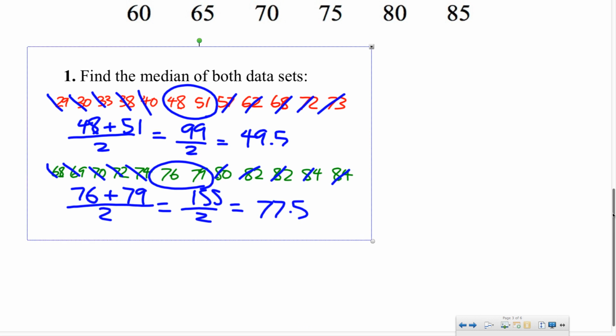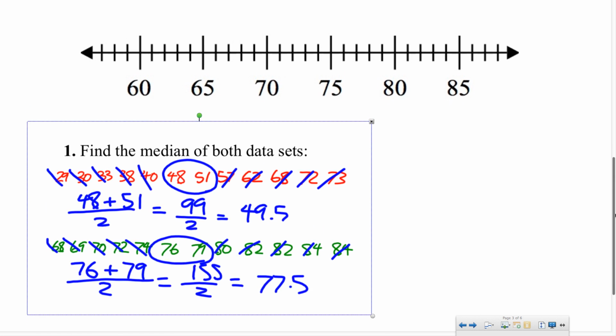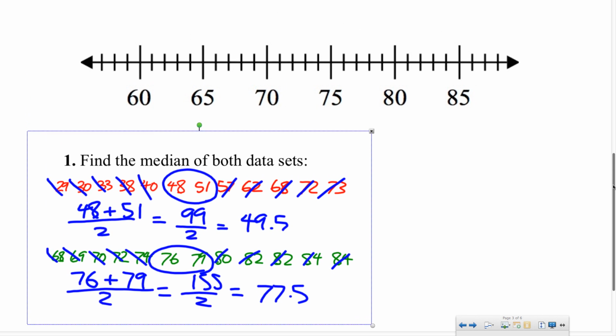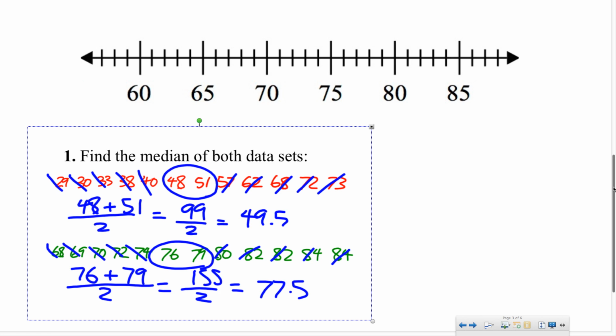And notice we have our number line, right? And our number line includes the range of data, okay? So first thing we need to do is find our median, right? But now we have this median, and that median sits right here.